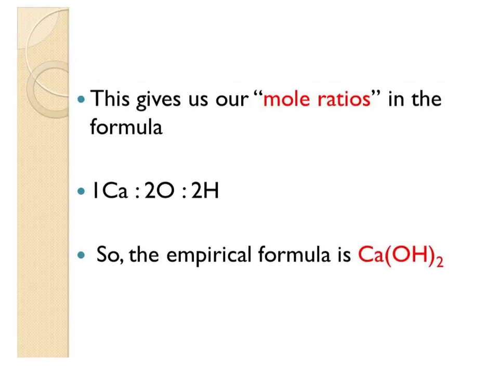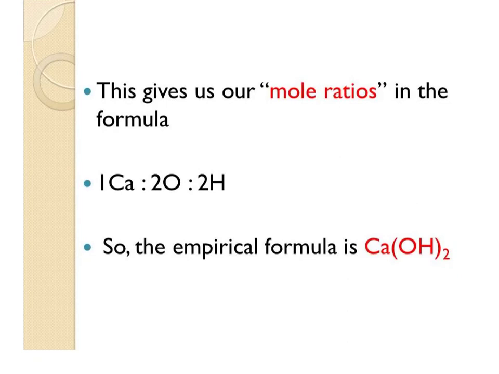Okay. Now, the numbers that we get when we divide give us our mole ratios for the formula, and that will also tell us what our subscripts are going to be. So the numbers that you get when you divide will be your subscripts. If we got 1, 2, and 2, that means for every 1 calcium, there are 2 oxygens and 2 hydrogens.